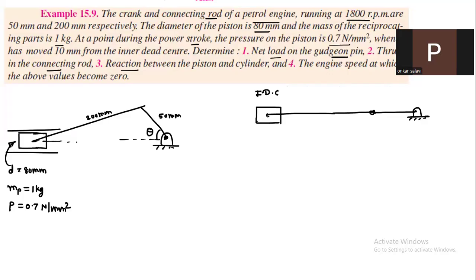This configuration will be exactly straight, so this total length will be 200 plus 50. Okay, now it has moved 10 mm. So you can take this reference line, and it is 10 mm from the inner dead center. So your configuration will be like this.